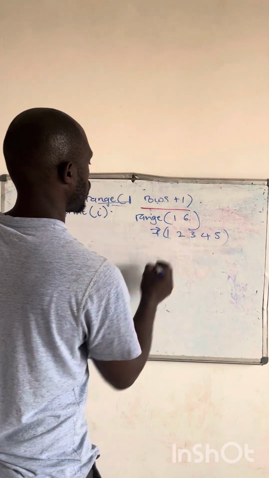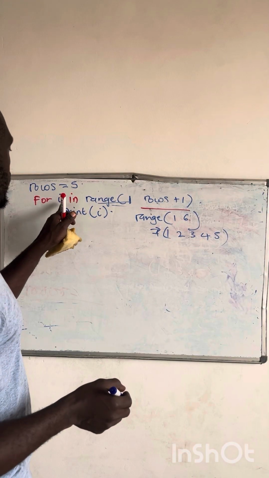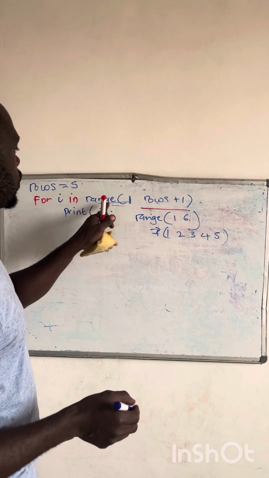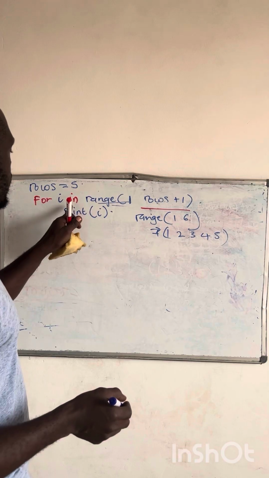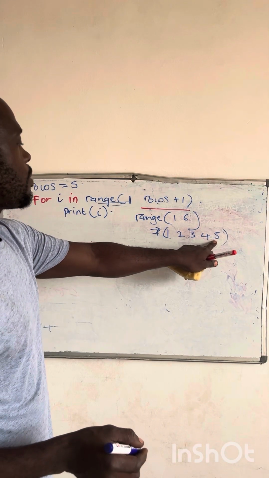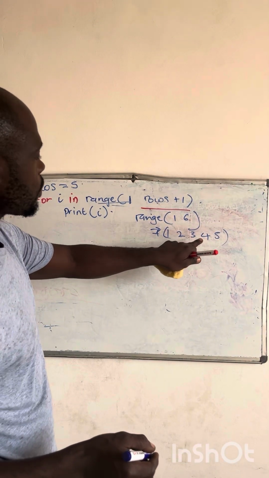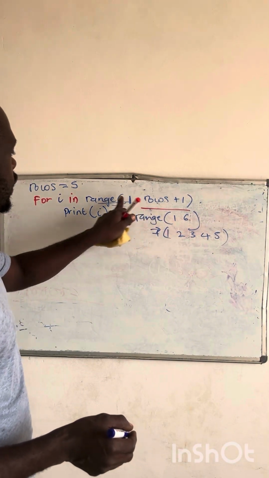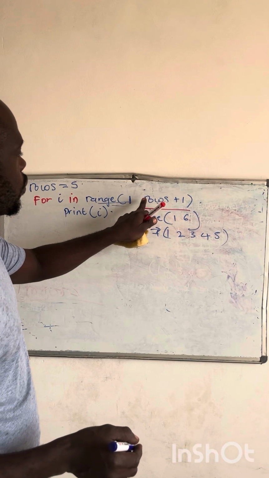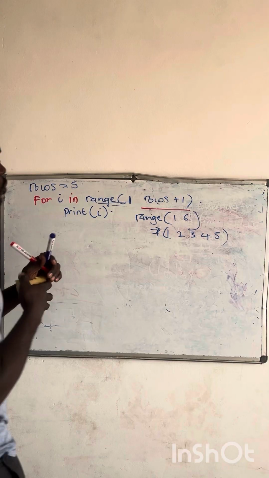If you print out i, you will get 1, 2, 3, 4, 5, because these are the elements in range of 6. Okay, so this will be i, but this is not what we want.